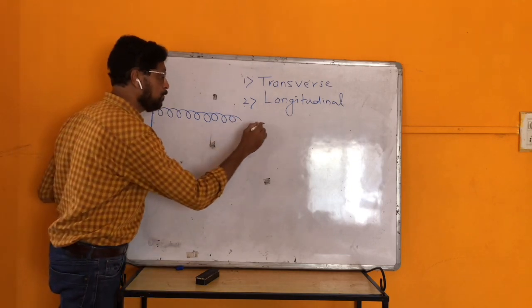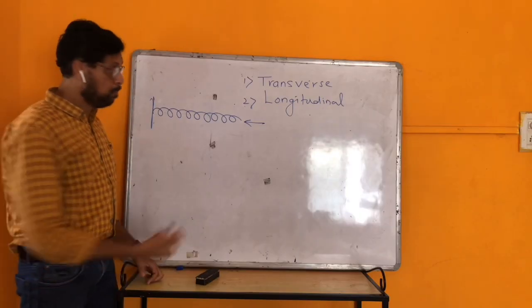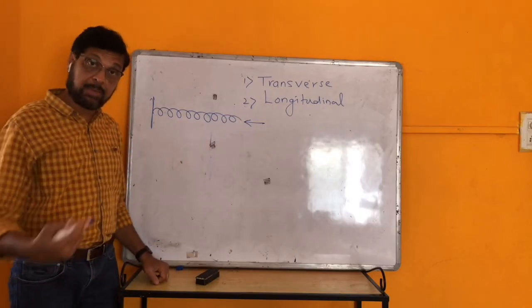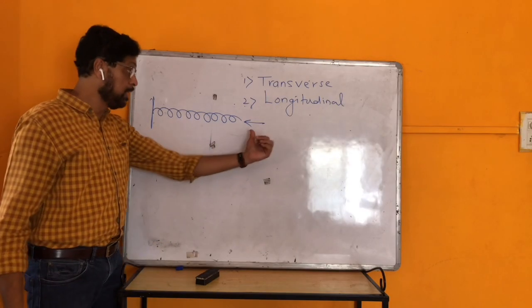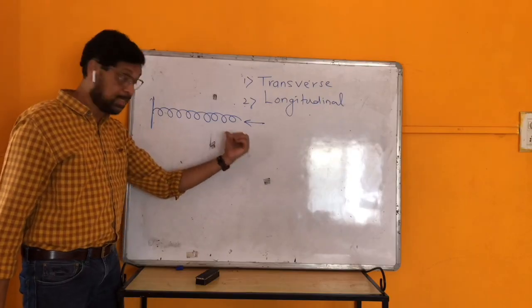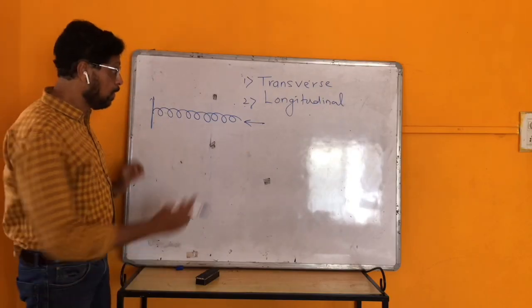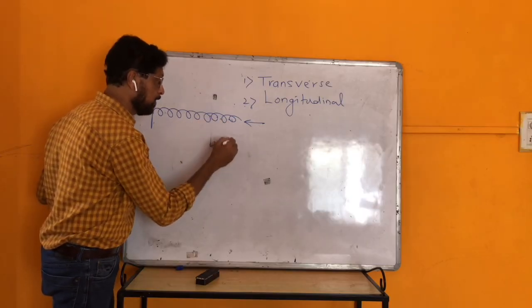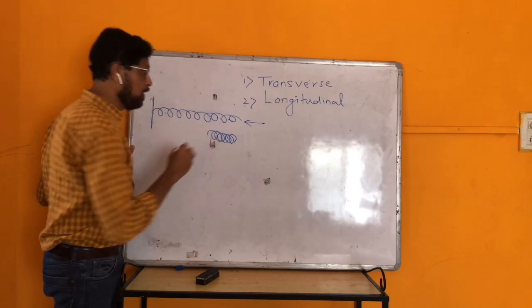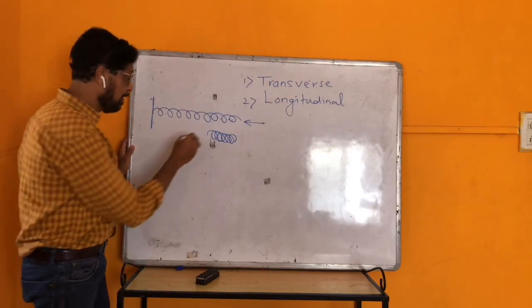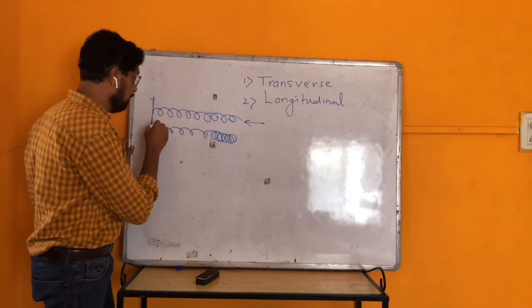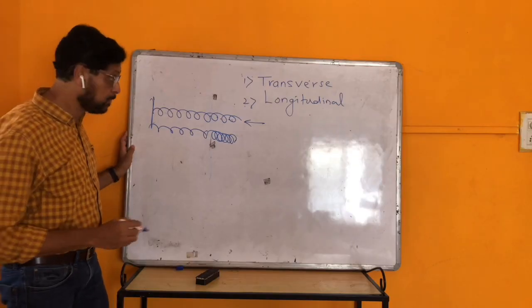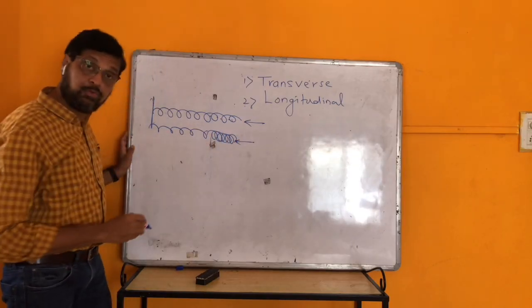Now suppose you press it from this side, means apply a force, a restoring force you can say, from this side. What will happen? Due to this force, the particles of the spring will come close to each other, isn't it? And further, it will be as it is because of this force.